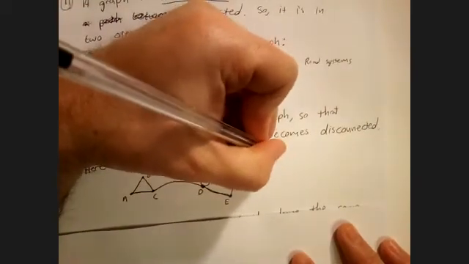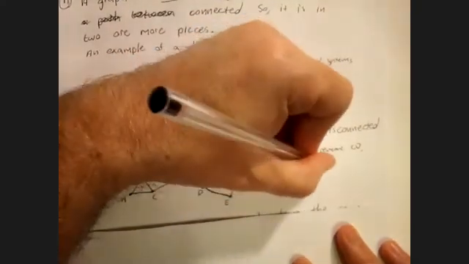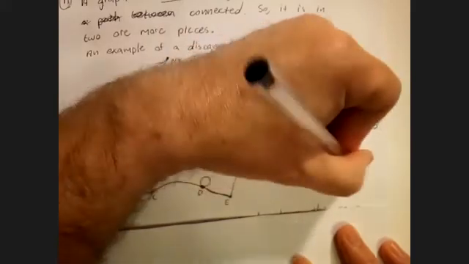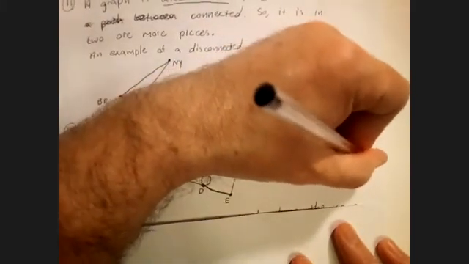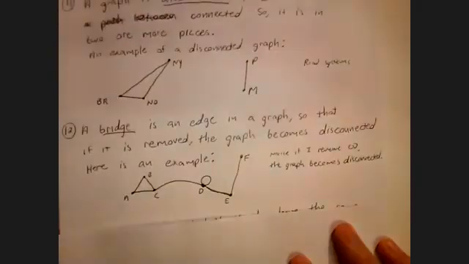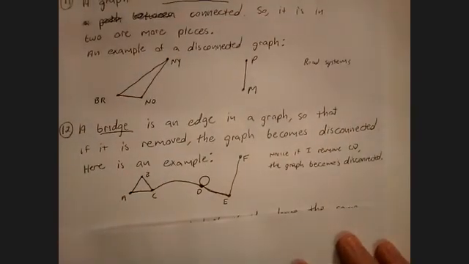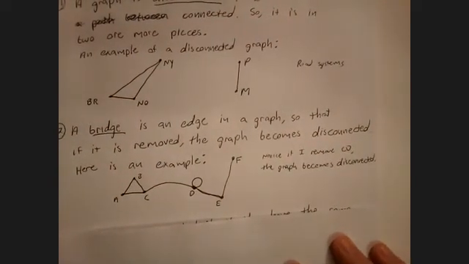Notice if I remove CD or DC, the graph becomes disconnected. There are two other bridges.